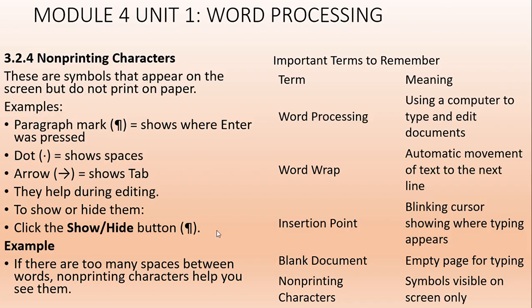The word is not correct. Now if I right click on it, it will give me options. Maybe I want to write mistakes. Maybe it is mistake, maybe it is mistakes, maybe it's mistakes. So these are the options that are there. And what I wanted to write is mistakes.